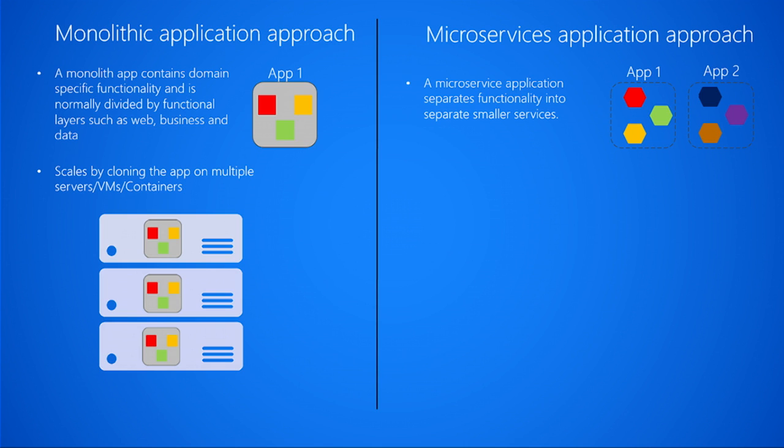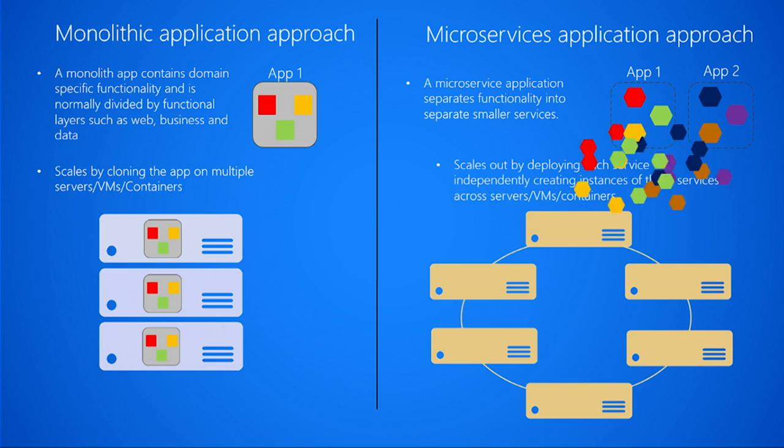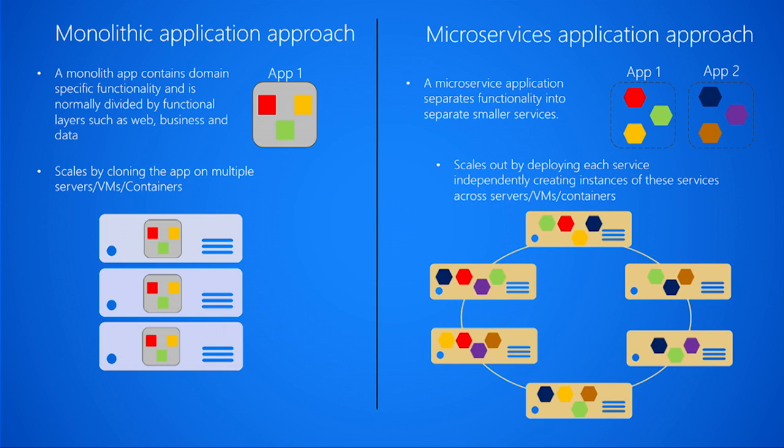So now let's contrast that with the microservices application approach. There, what specifically happens is you're dividing your application into multiple services. Each of these services is a scenario by itself. And so the way you would scale this is by creating multiple instances of each of these services. For example, if this red hexagon is what you want more of, you just deploy more of those.